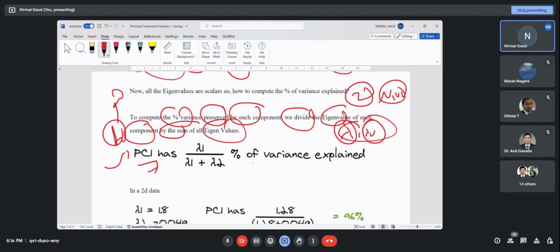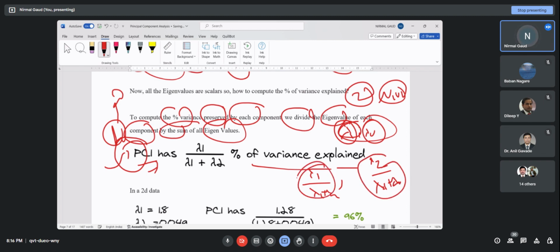So the percentage of variance explained by first principal component, that is your v1, is calculated by lambda 1 upon lambda 1 plus lambda 2, and the percentage of variance explained by another principal component is given by lambda 2 upon lambda 1 plus lambda 2.